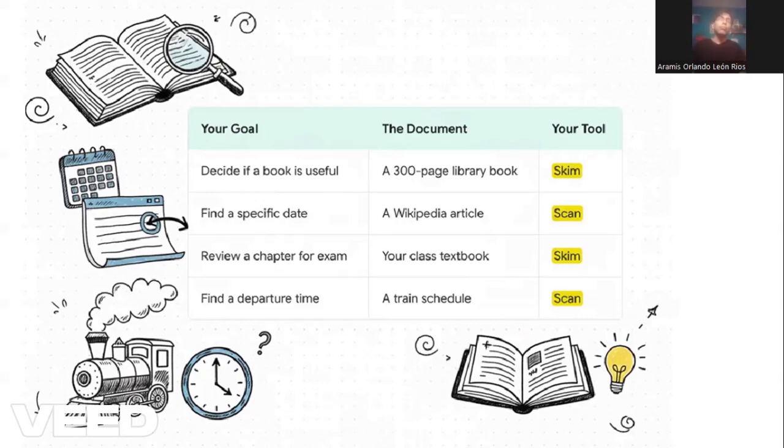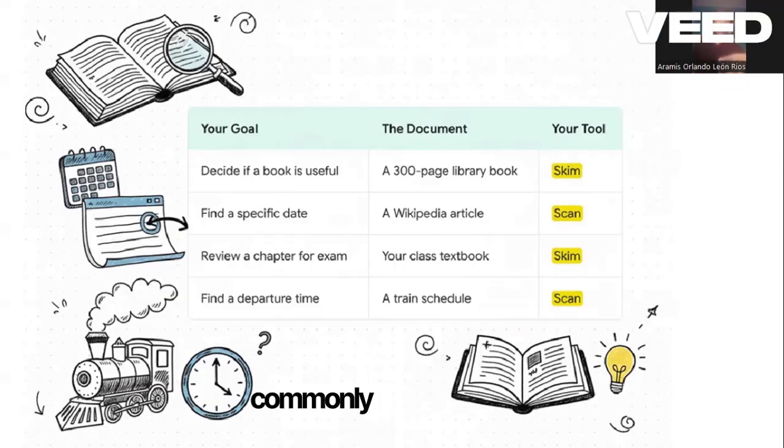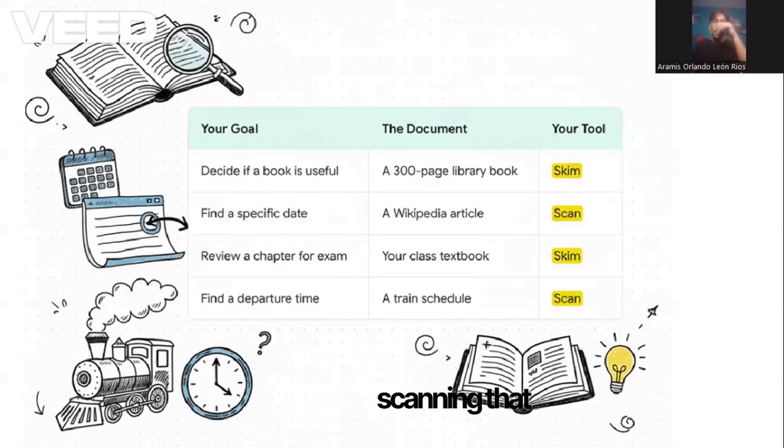And another example, if we use a train or a bus station, the document in this case will be a train schedule or bus schedule, and our tool obviously will be scanning. So the big difference is that skimming is getting an overview, while scanning is finding one specific detail.